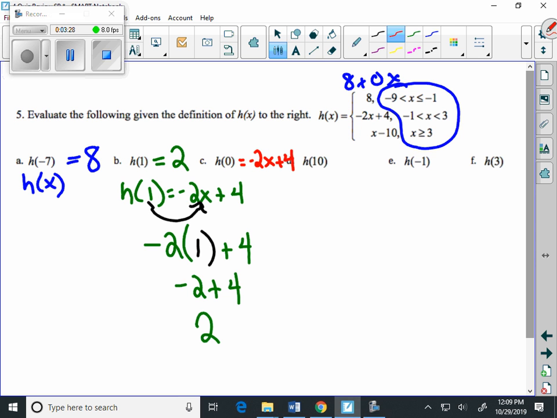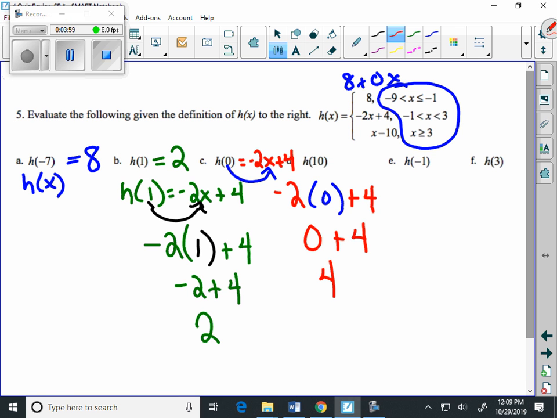We're going to take this value of 0 and put it back into our function wherever we see x. So this becomes -2 times 0 plus 4. And -2 times 0 is 0 plus 4. And 0 plus 4 is 4.